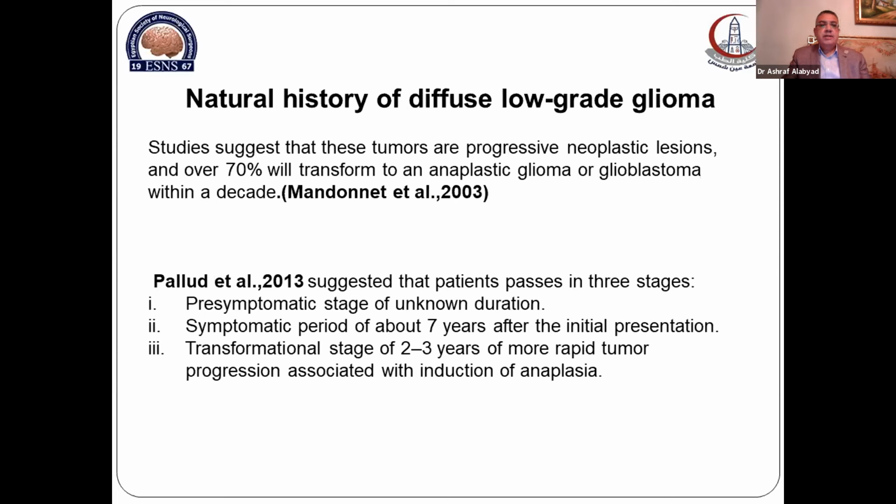Palod suggested that these patients pass through 3 stages: the pre-symptomatic stage of unknown duration, as evidenced by many tumors discovered accidentally; the symptomatic period of about 7 years after the initial presentation, where the patient usually presents just with epilepsy and might be controlled on treatment; and then the transformational stage of 2 to 3 years of more rapid tumor progression associated with induction of anaplasia.